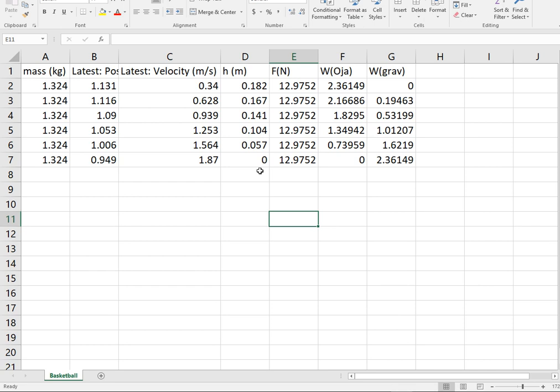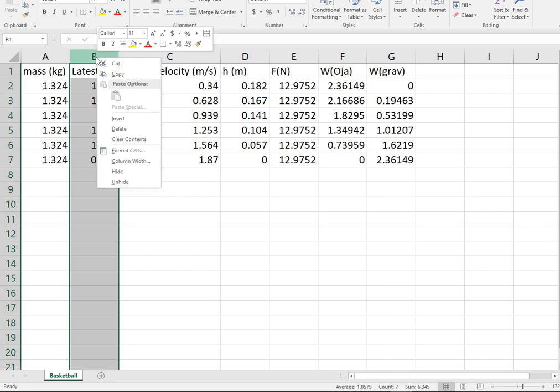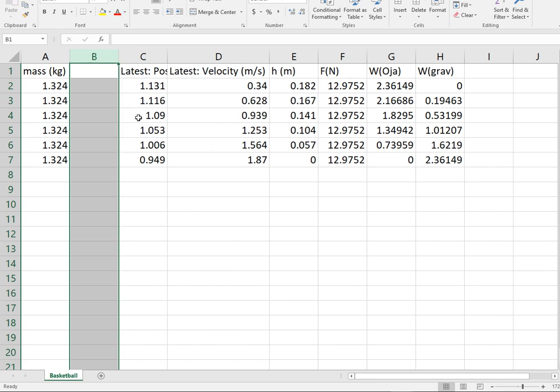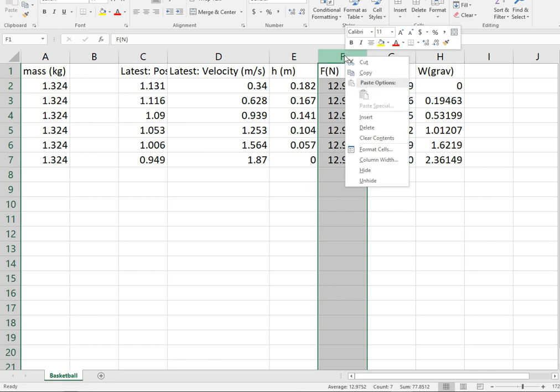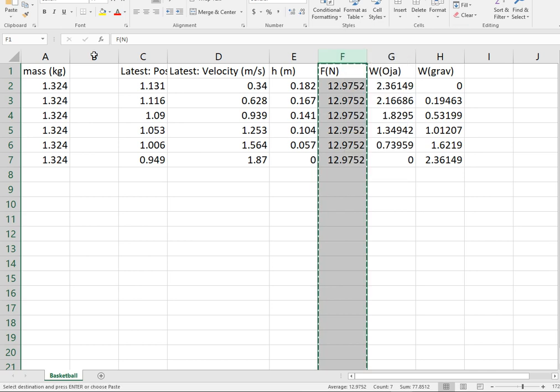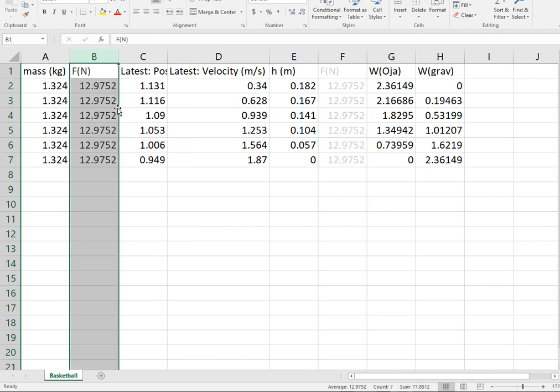We measured, okay, well, this is just the weight of the ball, isn't it? Right? So maybe it'd make more sense for us to put the weight of the ball. Why don't we take this column and cut, and we'll paste right there.